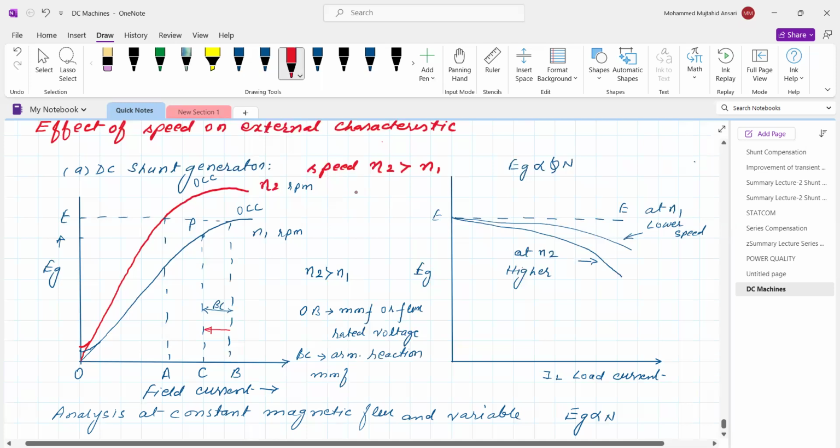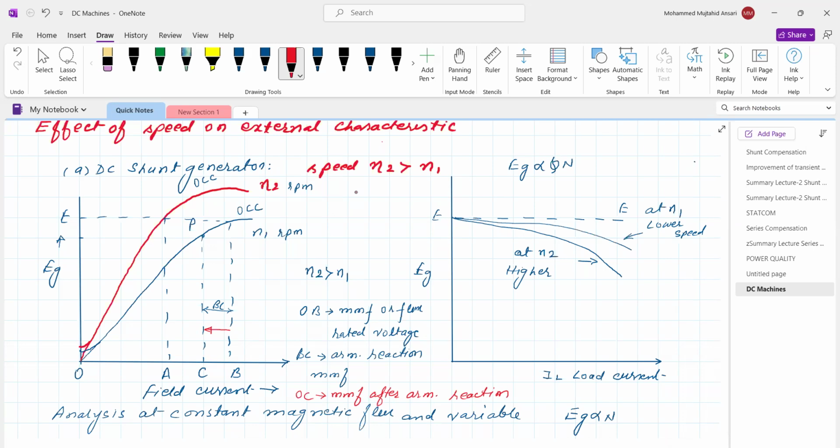So what is the MMF now? OC is the MMF after armature reaction. After armature reaction, the flux gets reduced, and because of this flux, this is the voltage.